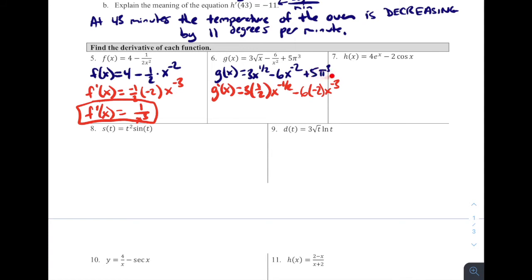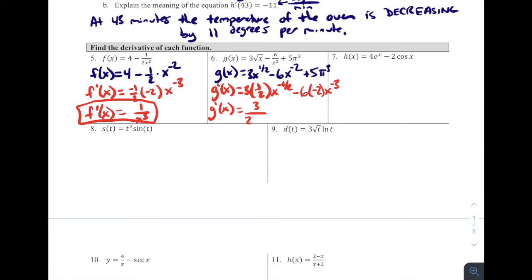So this is a common trick where they're trying to make you think, hey, should I use the power rule here? But this is not a variable, right? Pi is just a number. So let's simplify what we've got. We've got 3 times 1/2 times x to the negative 1/2 power. So that is going to equal 3 divided by 2. 3 times 1/2 is 3 over 2.